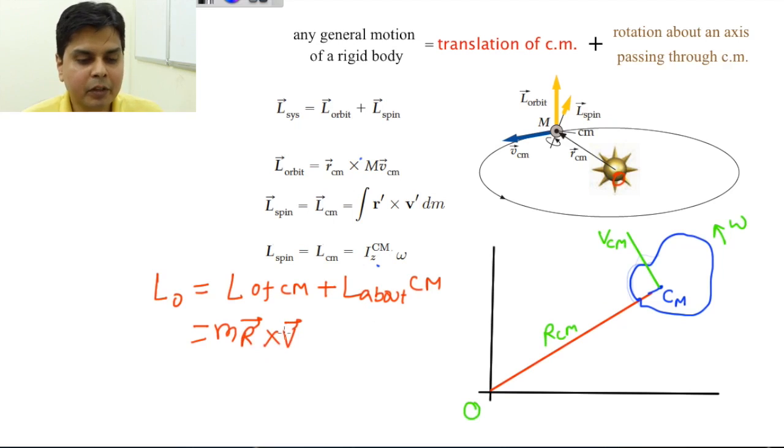Having found this L of the center of mass, now I can forget about this O, because I have taken into consideration the orbital velocity, the translational velocity. Now I have to concentrate only upon the shape and size of this body, so that I have to find L about center of mass.